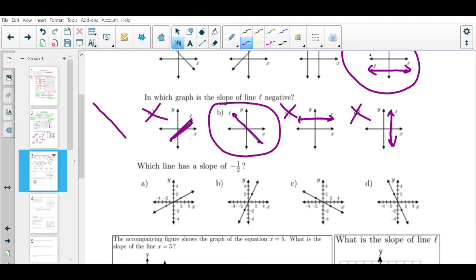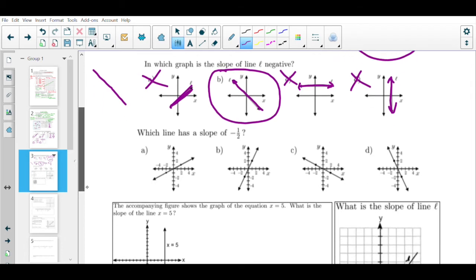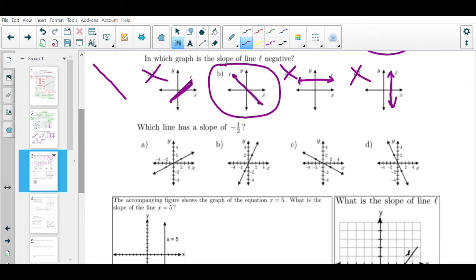Next one, which line has a slope of -1/2? Remember, -1/2 is a rise of -1 over a run of 2. Let's see which one that is. This one rises 1 and runs 2, so this is +1/2, so it's not that one. This one, let's start from the origin. It rises 2 and runs 1, so the slope is 2 over 1, or 2.